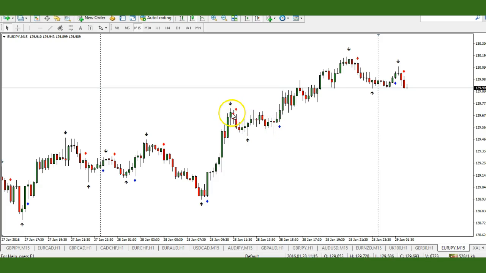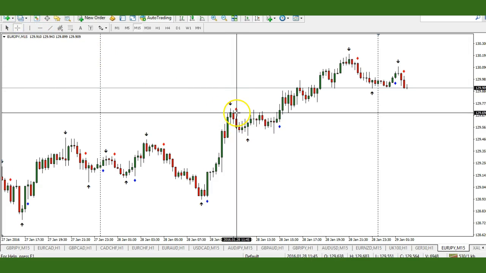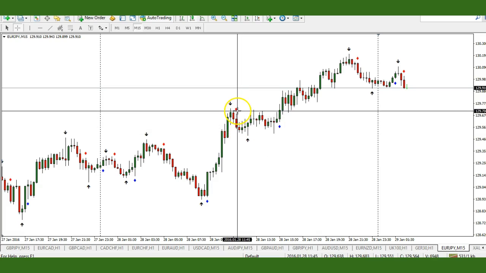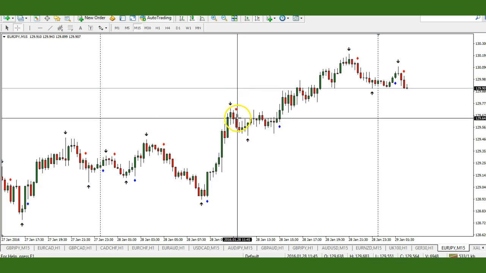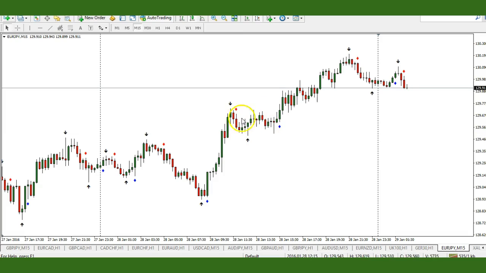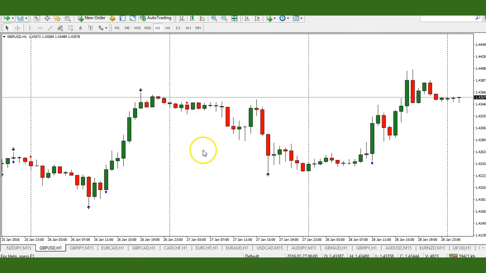Now you see the signal here to sell and how short-lived it was. I don't even think you would have made any pips, because this candle closed here, and as soon as the signal was generated, it just turned around and went back up. So be careful taking signals against the trend. Usually they don't work.